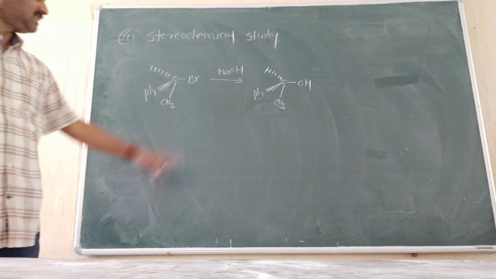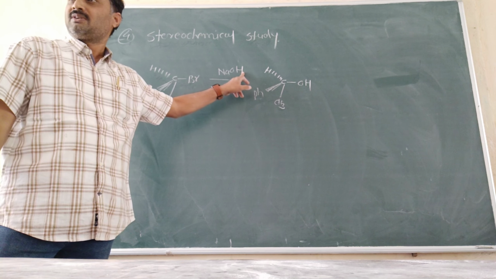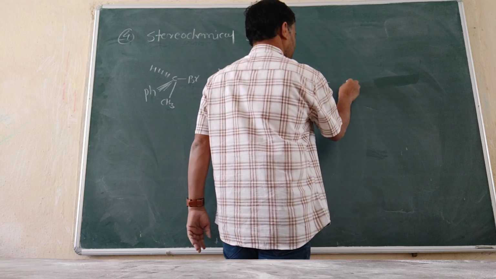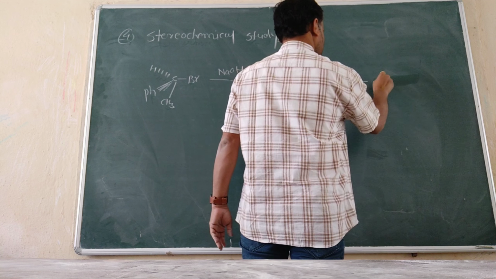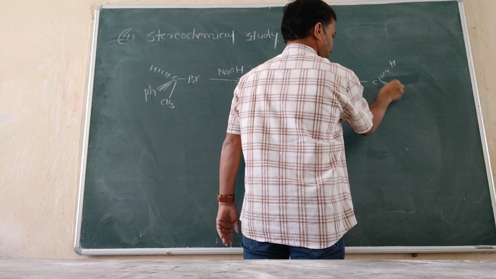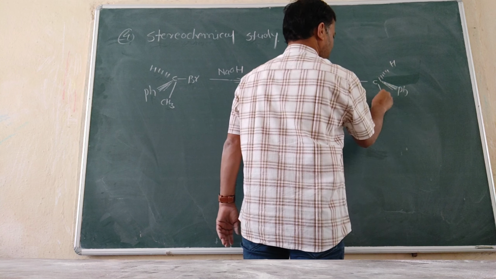Simple substitution reaction, this Br is replaced by OH. And again we get OH, C, H, C6H5 and CH3.